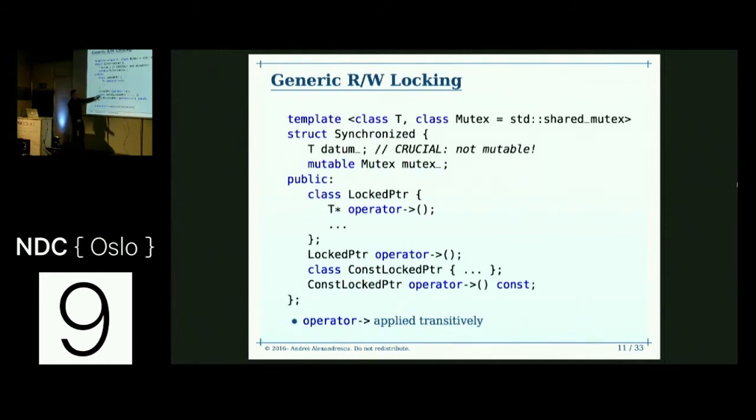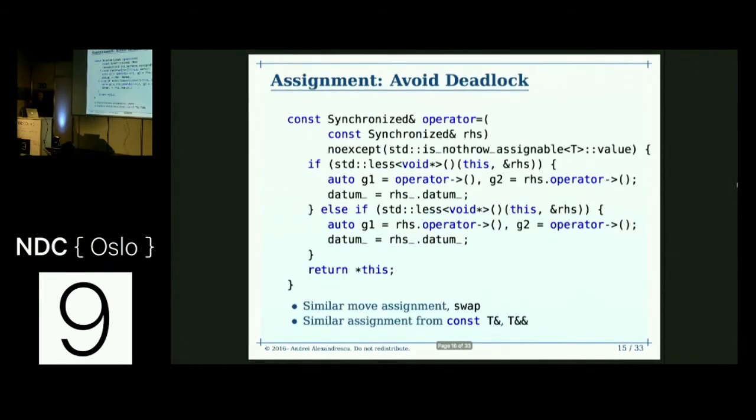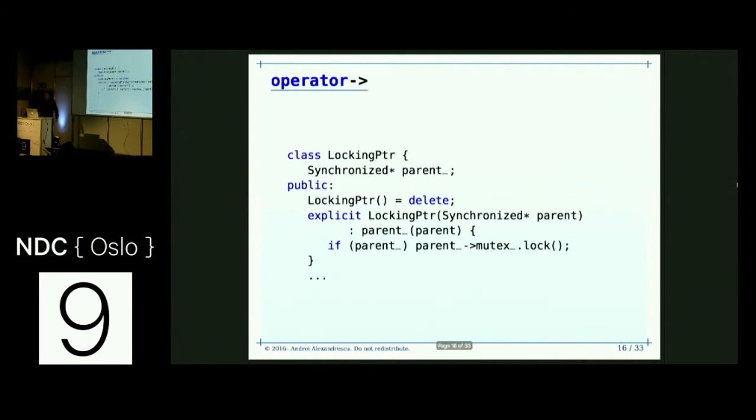So we have this operator arrow, which is going to be overloaded for constant and non-const objects. And this little thing here allows me to choose whether I use read locking or write locking by means of the return type. And then the return type has its own arrow. Moving on with the implementation of operator arrow, the locking pointer, which is inside the synchronized, holds a pointer to its parent, and it does not have a default constructor.